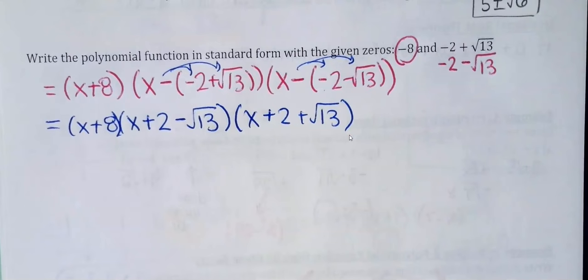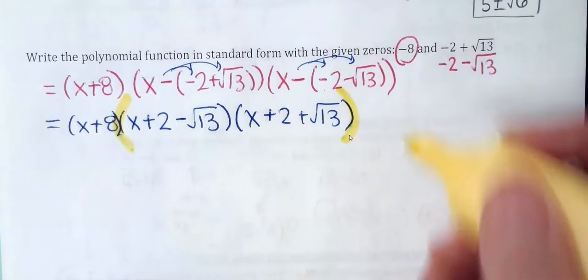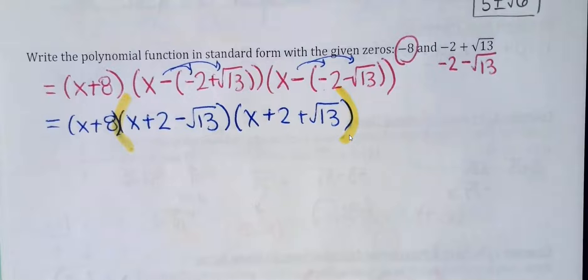If you have a couple zeros, like this one had that -8 as well. You can, but let's not. You want to multiply together the terms with the conjugates first. You could FOIL one of those with that x plus 8. I'm going to hardcore judge you because that's going to take you forever and it's going to be super annoying, so don't do that. Put those conjugates together first, then all the radicals will cancel out and you won't have to worry about that.